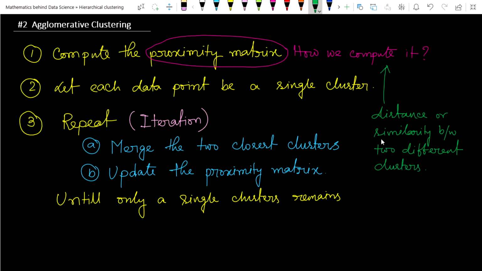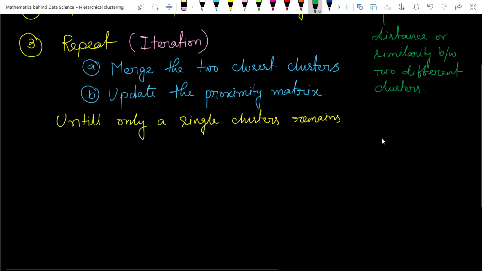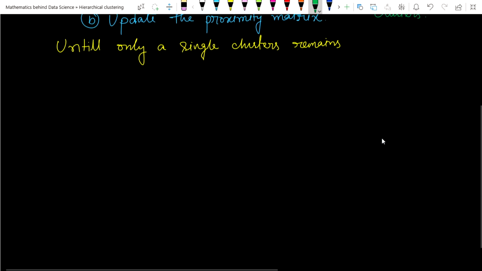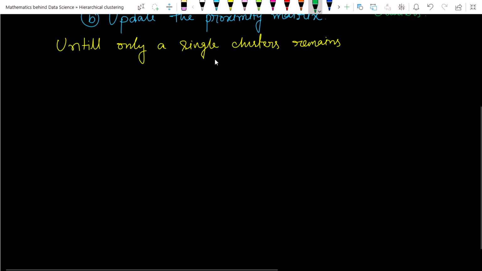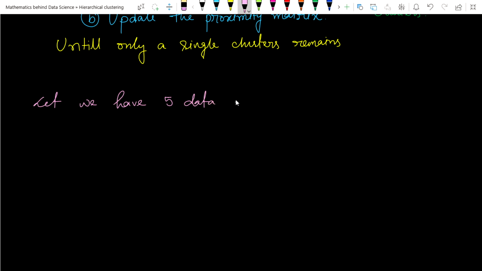Now let's try to understand through an example. Suppose we have 5 data points. Let these be P1, P2, P3, P4, P5.